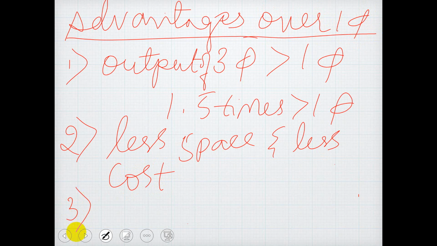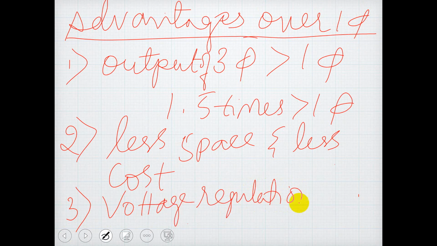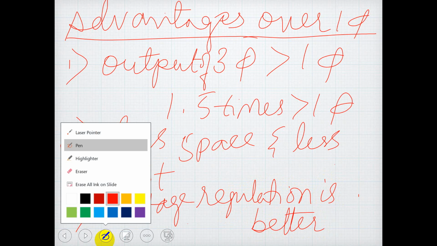And the third advantage is that the voltage regulation is better comparatively with that of single phase. So these are the advantages of three phase over single phase.